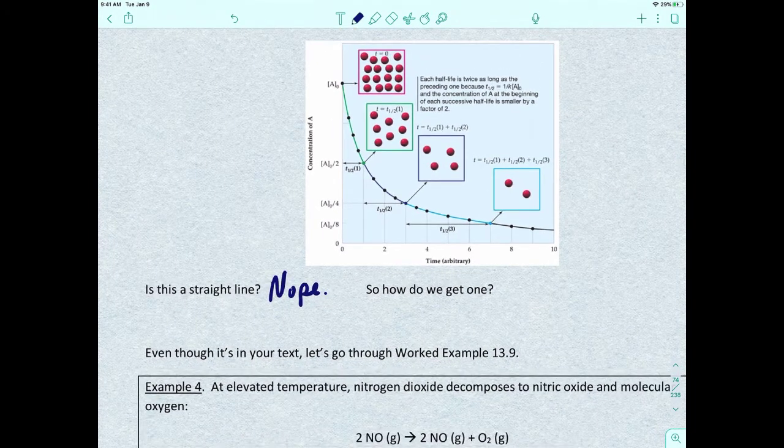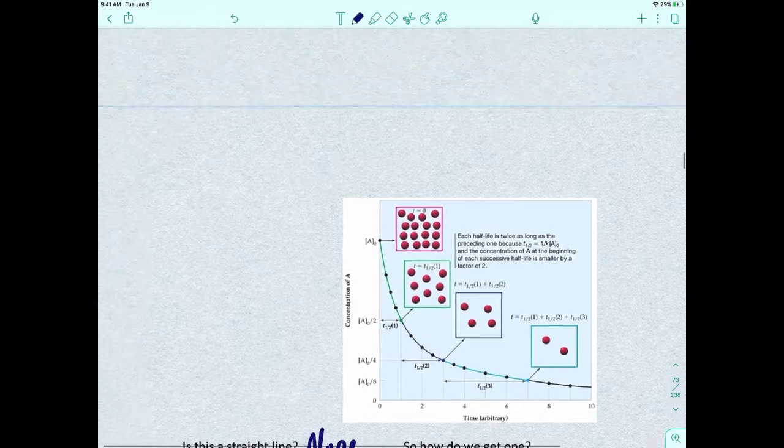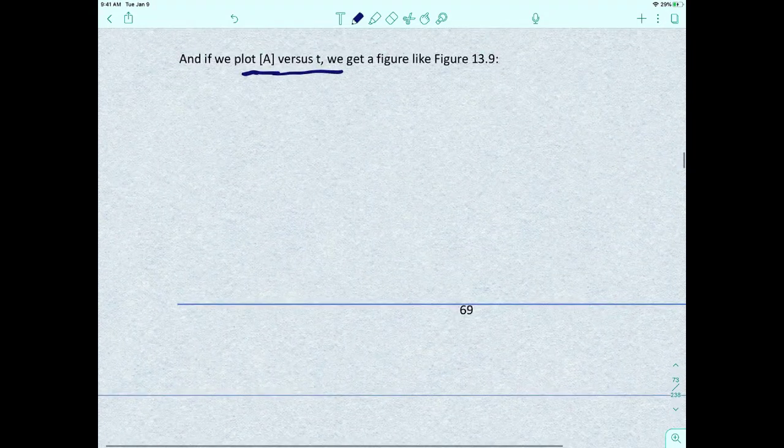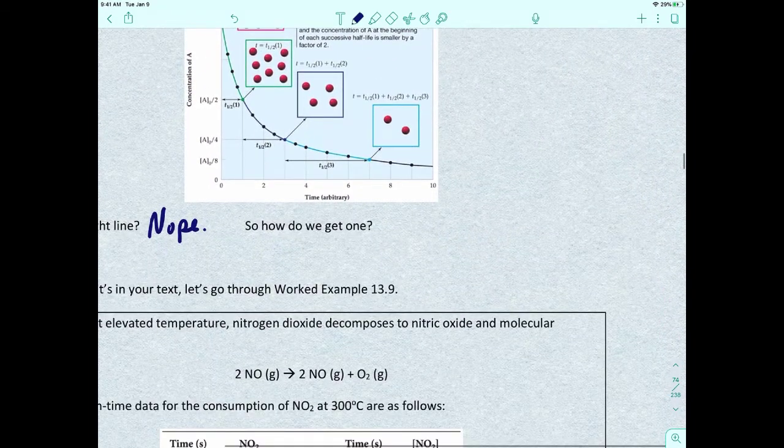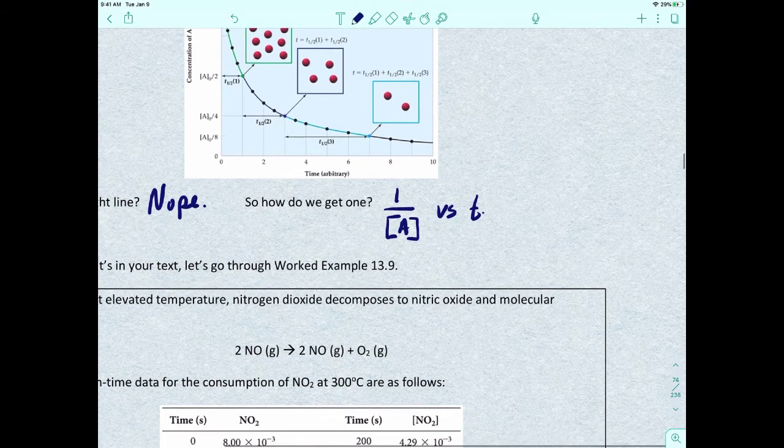So how do we get a straight line out of this? We can't graph the concentration of A versus t. We're going to have to graph the reciprocal, 1 over the concentration of A versus t, and that will give us a straight line.